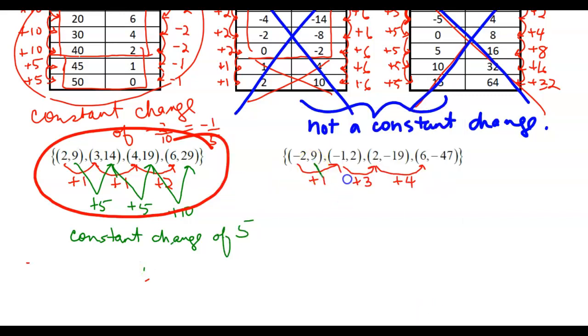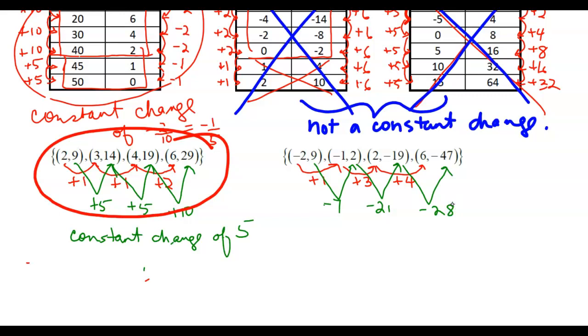So now, what happens? 9 goes down to 2, so we've subtracted 7. 2 goes down to -19. So what's that? That's -21. And then -19 down to -47. So that's -28.